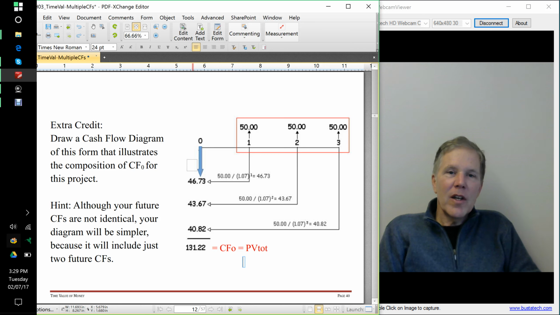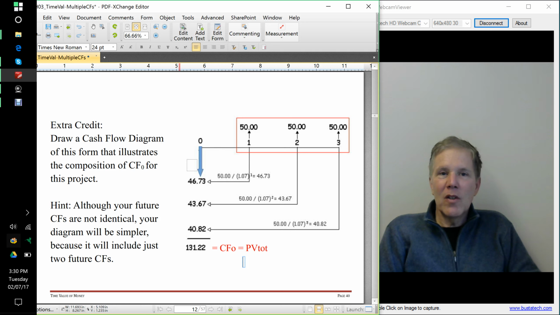The thing I really like about this cash flow diagram is that it shows, for the total present value or cash flow 0 that we would have to invest now in this project to enjoy these future 50,000 cash flows, each tranche and how each tranche is obtained at t equals 0 by discounting back the future value of each tranche.